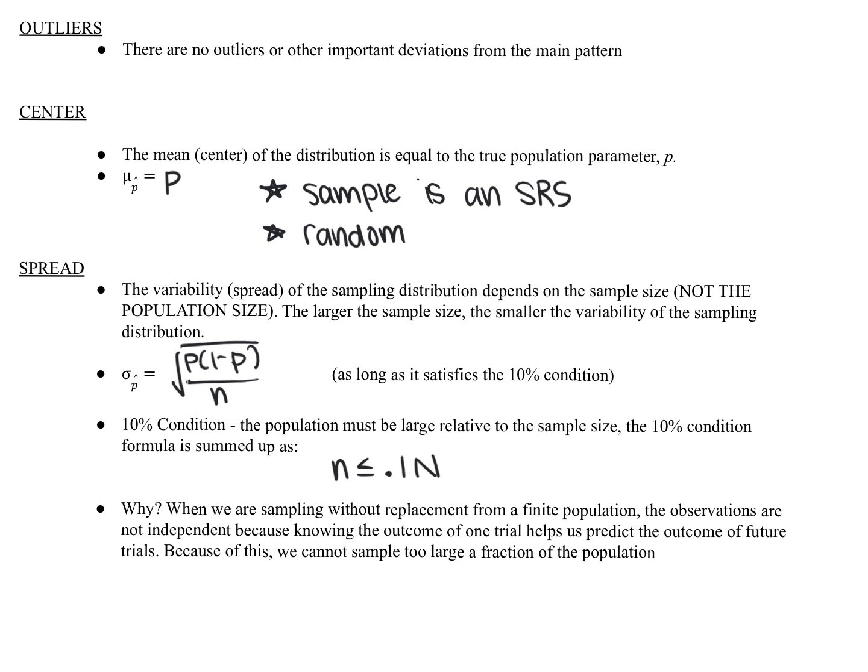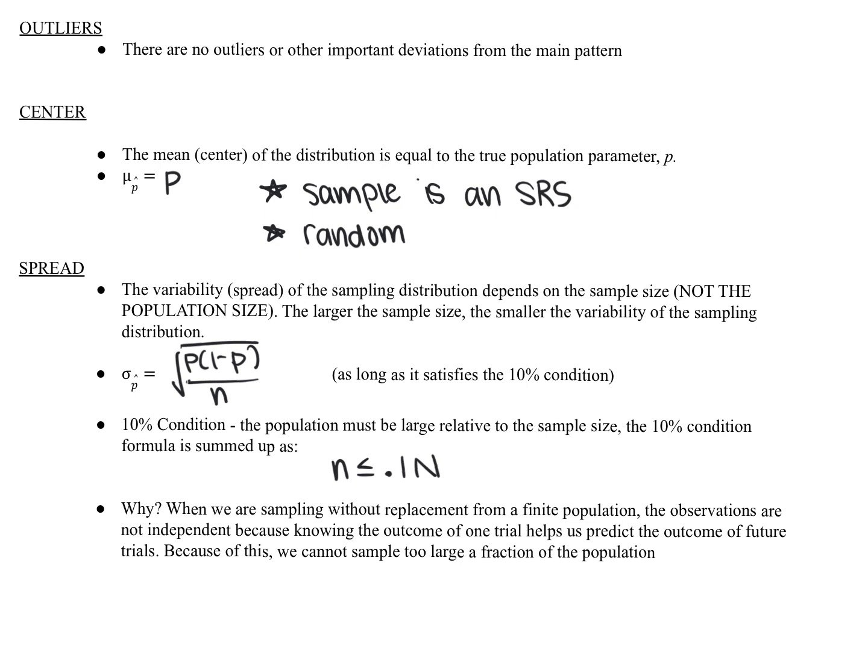One of 2 things has to be mentioned in the problem for us to know that the mean is equal to the true population parameter. Either the sample is mentioned to be an SRS, so it's collected using a simple random sampling method, or it states somewhere that the sample was collected using randomness.